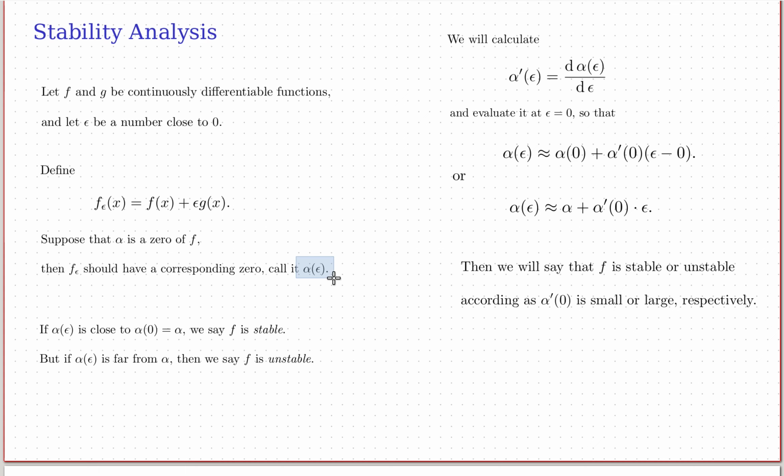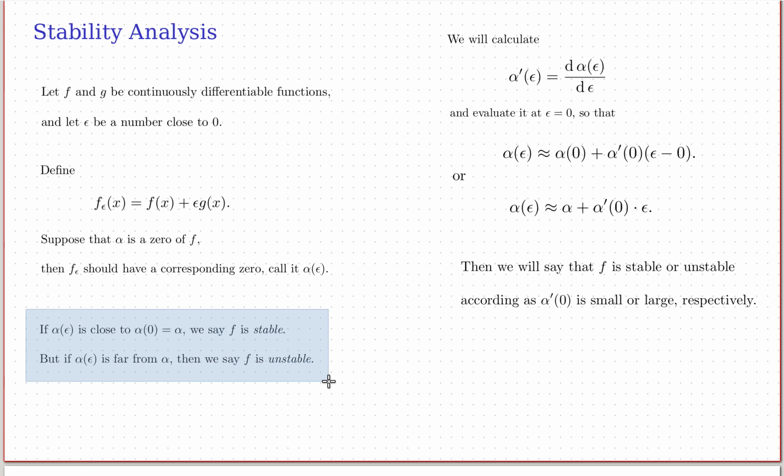So it depends on exactly how big the perturbation was, how big epsilon is. And presumably the bigger epsilon is, the farther away alpha of epsilon is from the original alpha. Okay? Notice in particular alpha of 0 is just the original alpha, right? Because f sub 0, the perturbation when epsilon equals 0, is just the original f.